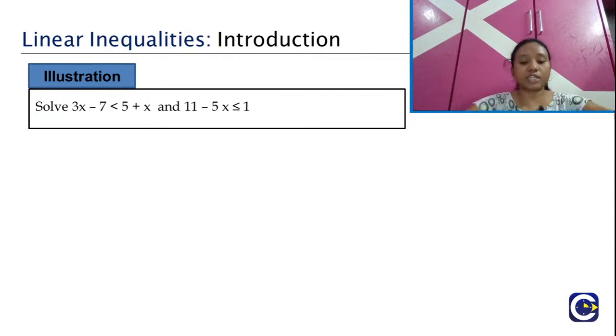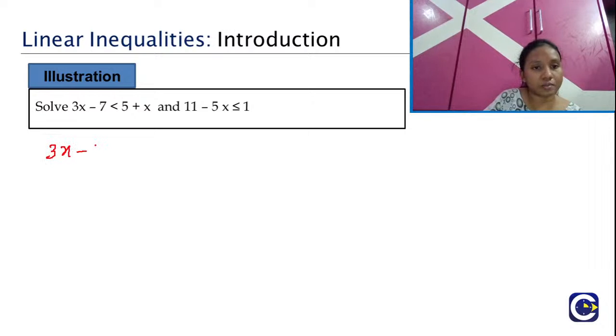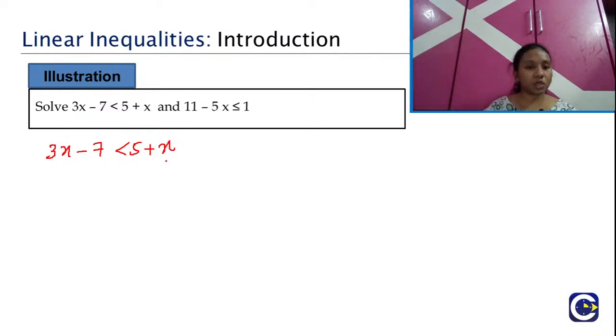Did anyone get the answer, guys? What is the first inequality? 3x minus 7 less than 5 plus x. Can you tell me what is the solution for this inequality which you got?